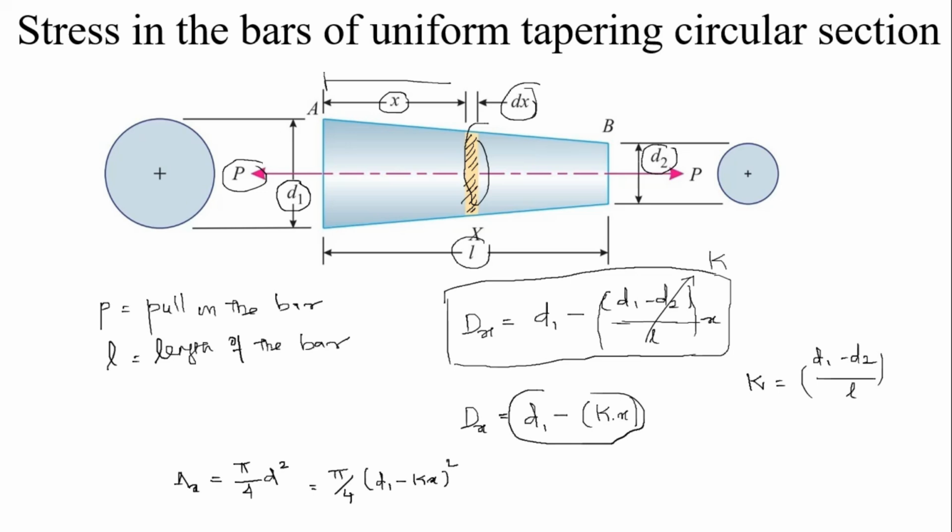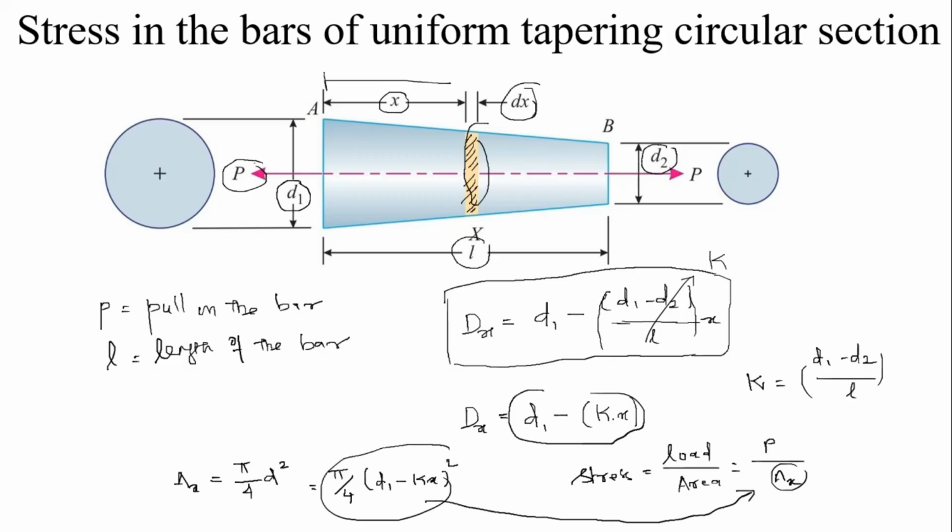We know the formula, stress is equal to load by area. Load is P, which we already know from this diagram. So, P divided by Ax. Substitute the Ax value in this place.